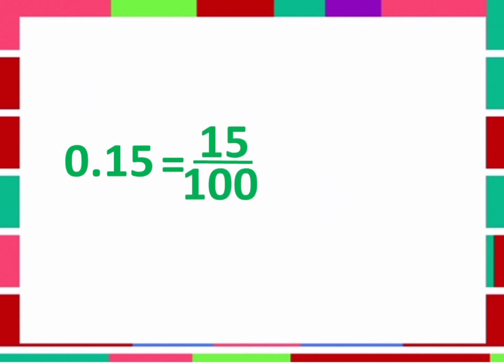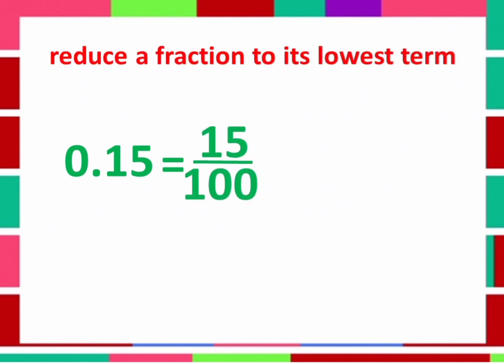Next, 0.15. So, it will become 15 over 100. So, again, always check if your fraction can be reduced to lowest term. Can you reduce 15 over 100? Yes. And what number will be divided to both numerator and denominator?